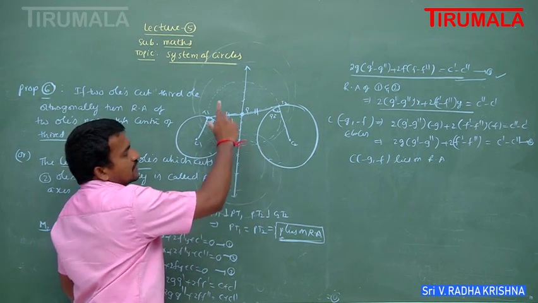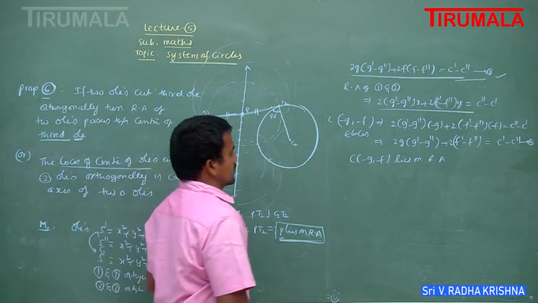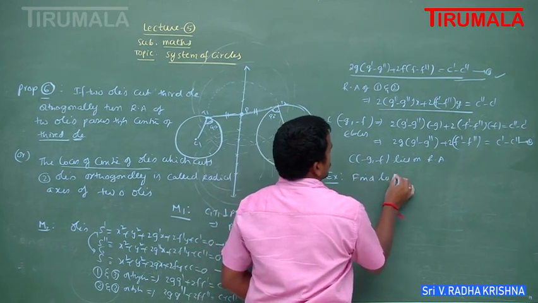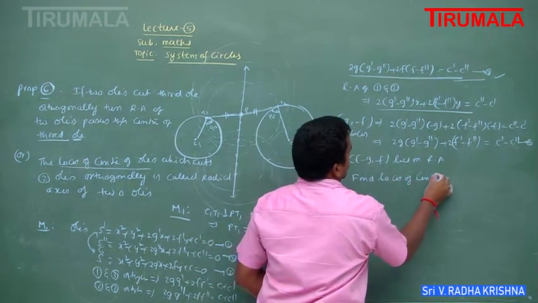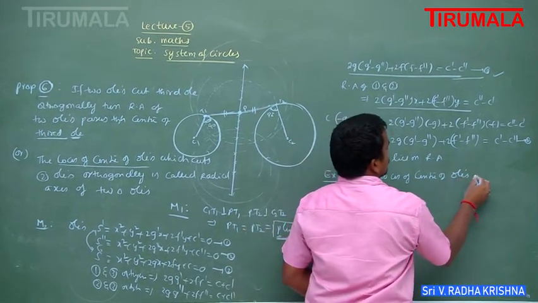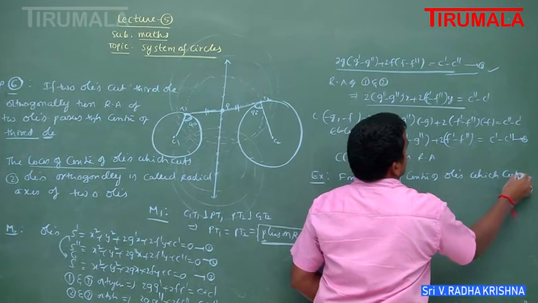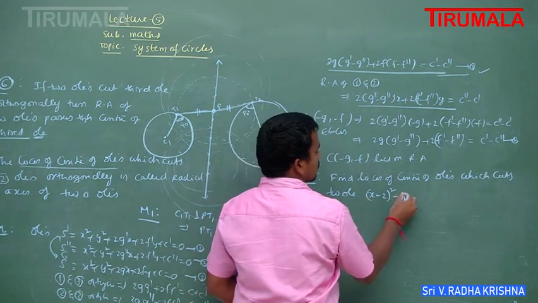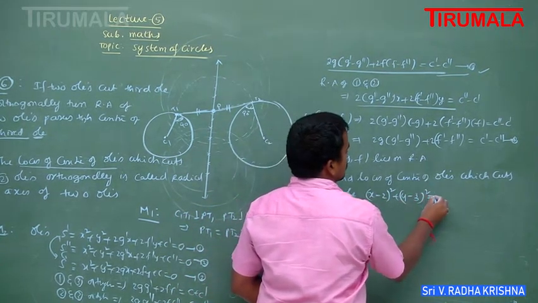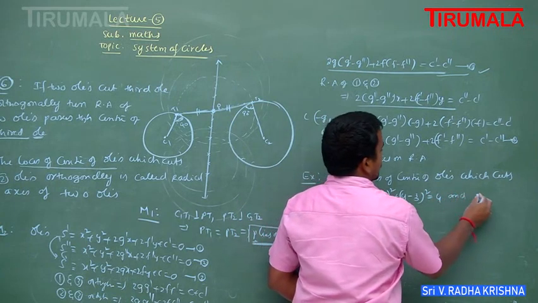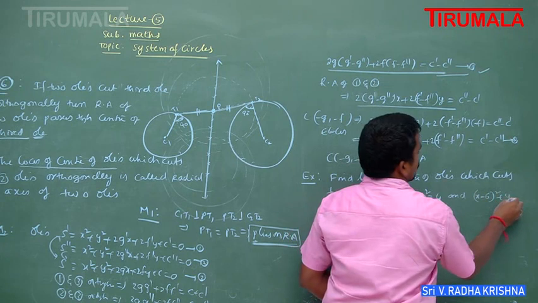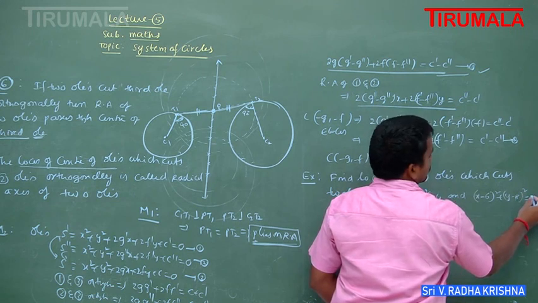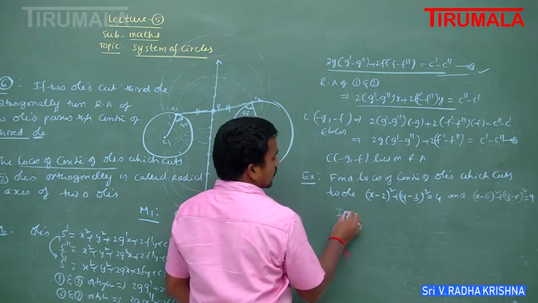Given two circles, find the radical axis of the two circles. For example, find the locus of the center of circles which cut the two circles (x − 2)² + (y − 3)² = 4 and (x − 6)² + (y − 8)² = 9 orthogonally.